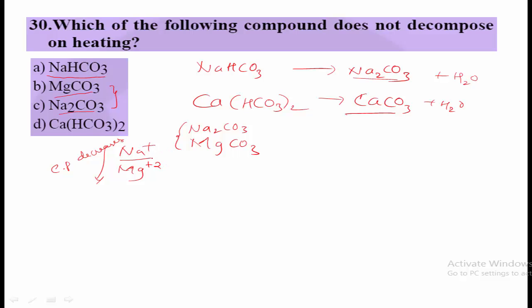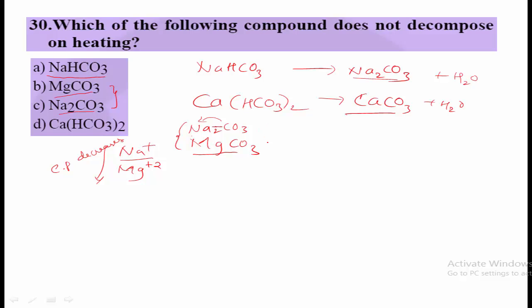And greater the electropositivity, stronger will be the bond formed between the electropositive atom and electronegative atom. Therefore, the bond between Na and CO3 is much stronger as compared to Mg and CO3.